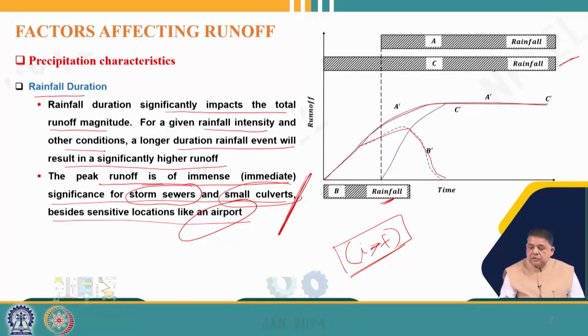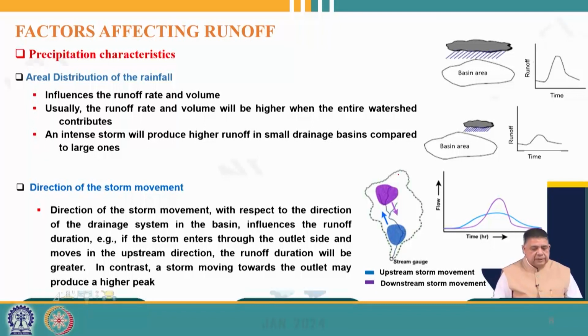Similarly, a storm which started much later as compared to storm C, you can see that because the runoff starts here, the magnitude will also be significantly lower. So, this is the difference between A and C, and of course, you can find the difference between B and C also. So, the duration makes a significant impact on the total runoff that is generated.